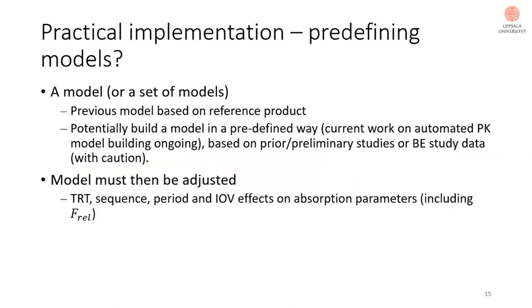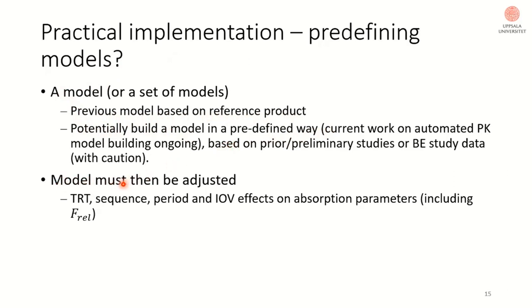So practically, how can we actually implement this model-based bioequivalence? One of the first things you have to think about is that in order to do the analysis, you need models, and you need to predefine your models. So you either need a model from a reference product, some previous model that's been published perhaps, or you need to figure out how to build a model in a predefined way that can still maintain type 1 error.